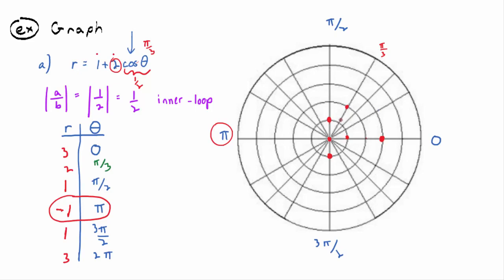Okay, now remember, it's an inner loop Limacon, so let me show you how to draw that. You would start maybe here. I don't know how wide it gets, but eventually it's going to swing down to that value, right? And then it'll actually go into the second quadrant, not very far, and then swing around and create the loop like so.